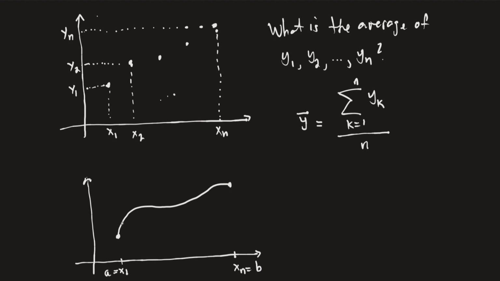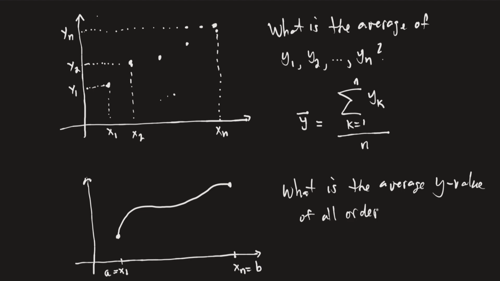And again, every ordered pair on this graph has a corresponding y value. So the question now is, what is the average y value of all ordered pairs on the graph?